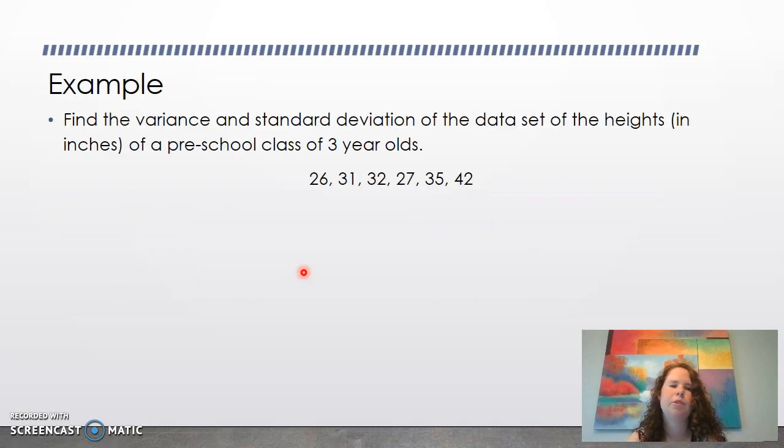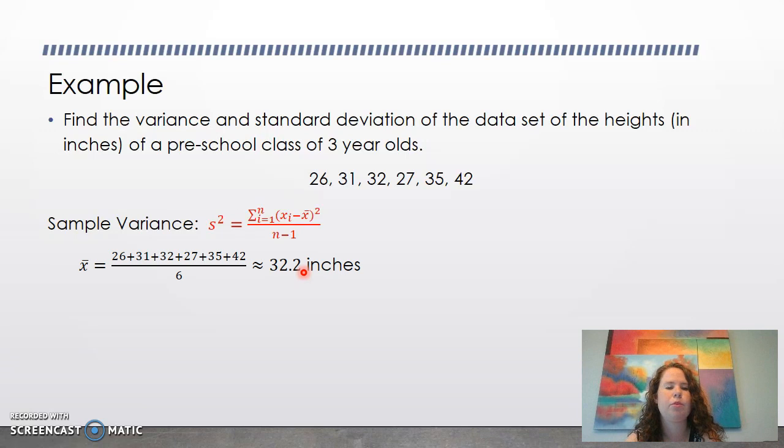Example: if we're finding the variance and the standard deviation of the data set we've already looked at, we take each data point, and how a lot of people typically do this is in tables. We calculate the mean, which we've already talked about with the measures of central tendency. So our mean is 32.2 inches.